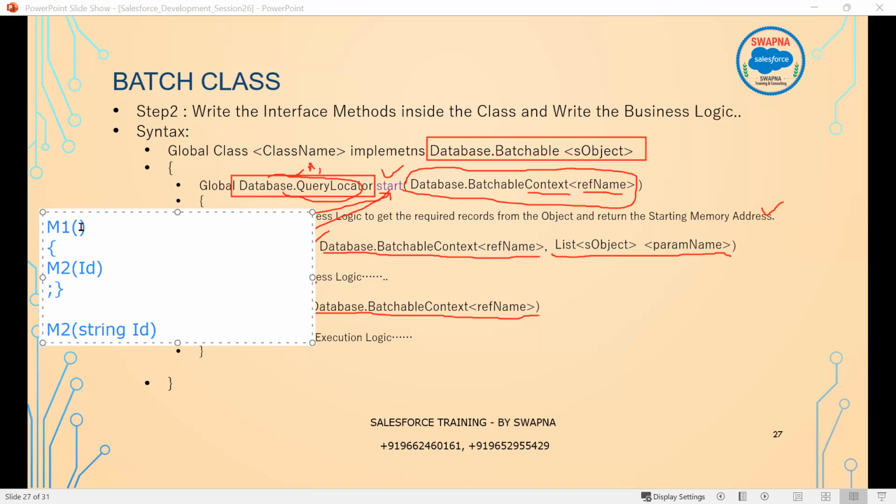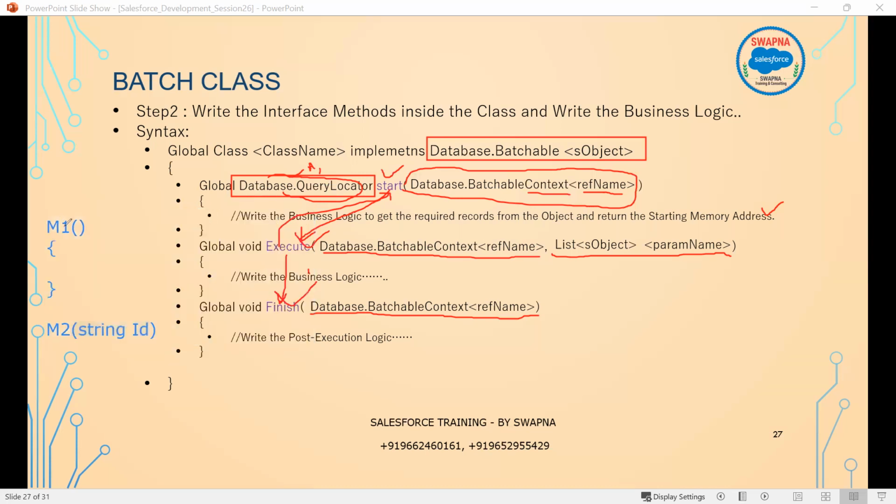Now, in the batch class, you do not need to pass anything from the start method. Why? You just need to specify here what is the parameter that is expected. That's it. Because internally at the back end, the start method is already connected with the execute method with the help of Database.BatchableContext.